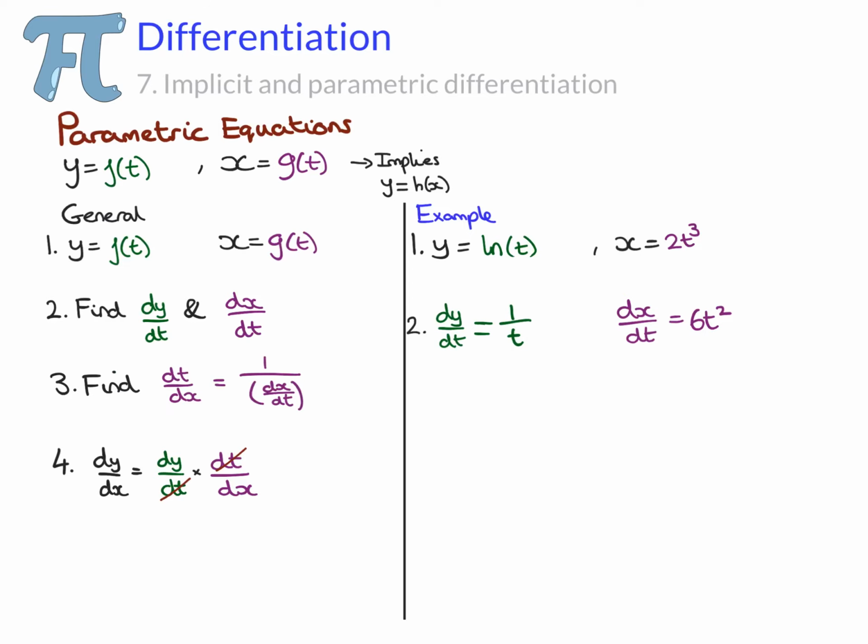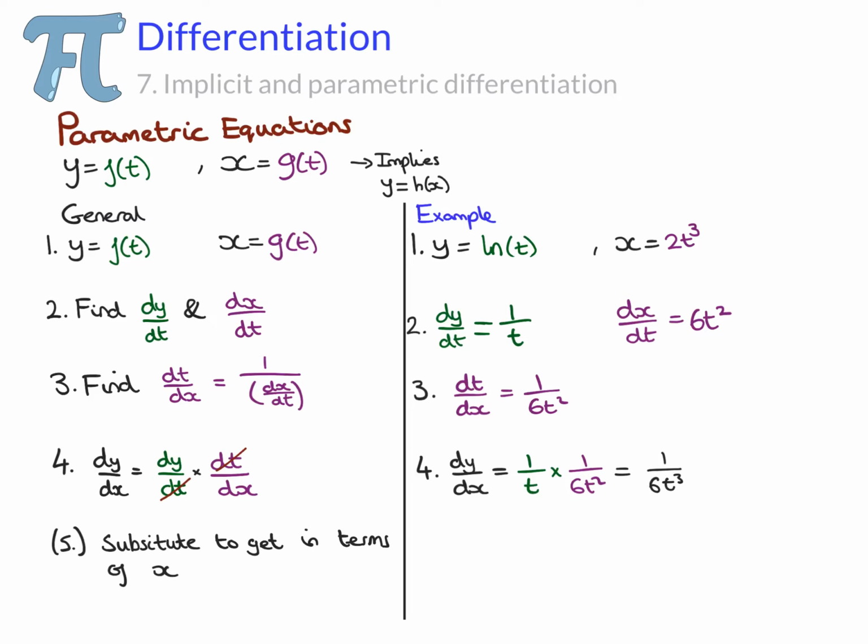We need dt/dx, and luckily this is just 1 over dx/dt. So we just flip our expression for dx/dt to find dt/dx, which in our case must be 1 over 6t squared. Now we multiply together dy/dt and dt/dx to leave us with dy/dx. In our case, we get 1 over 6t cubed.